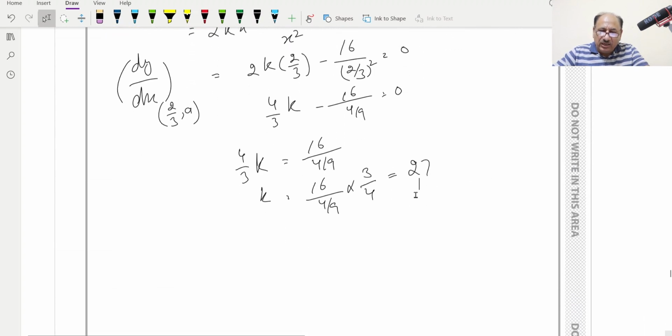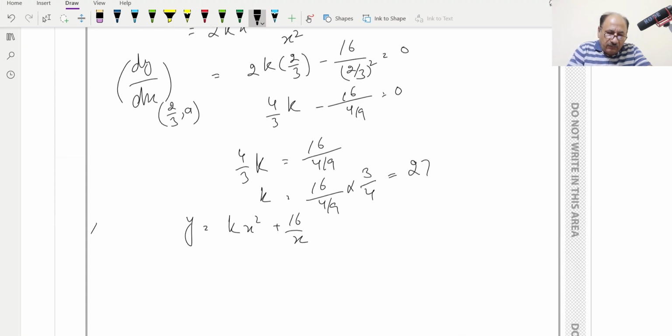Now we have a point, so we'll replace in y is equal to kx squared plus 16 over x. In this one we replace the point 2 over 3 and a, with k equal to 27, which we found.